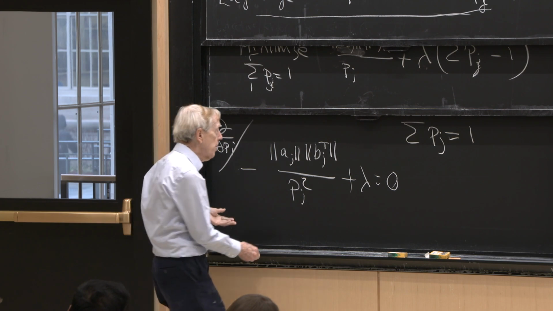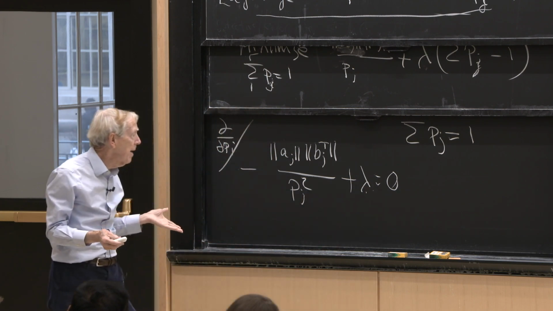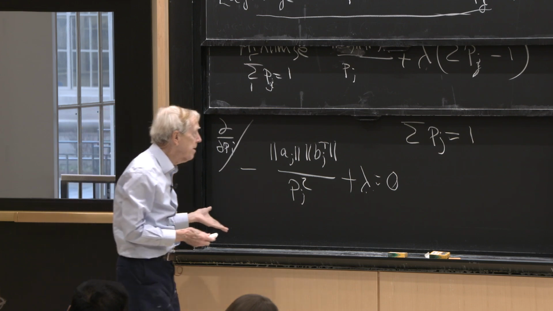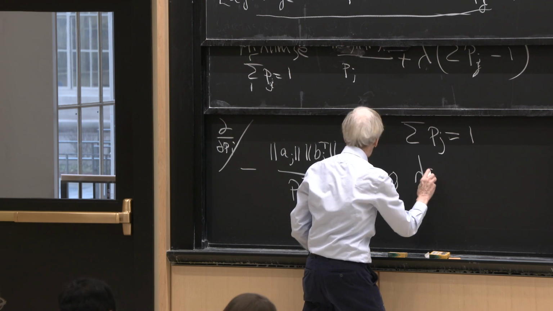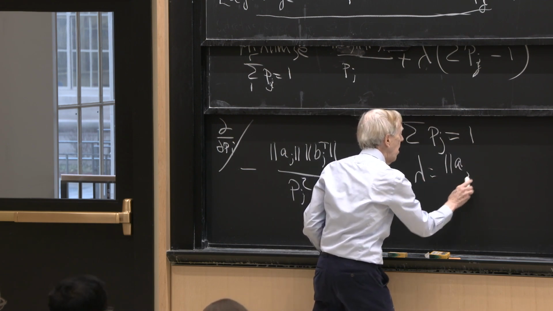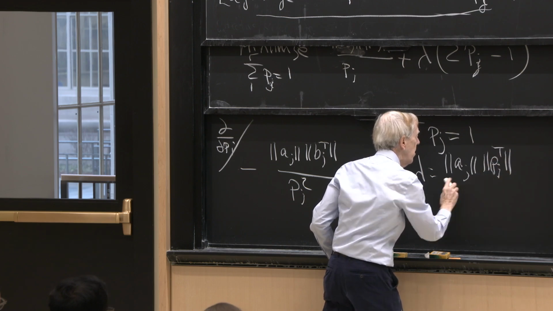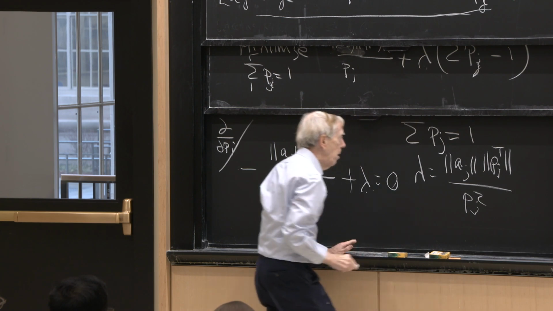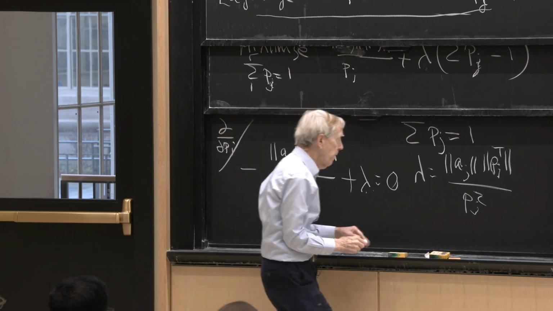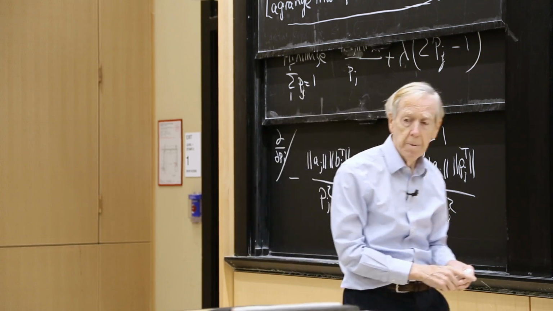So this equation is telling me what the multiplier is. The multiplier is aj bj transpose over pj squared. Or put another way, it's telling me what pj squared is.